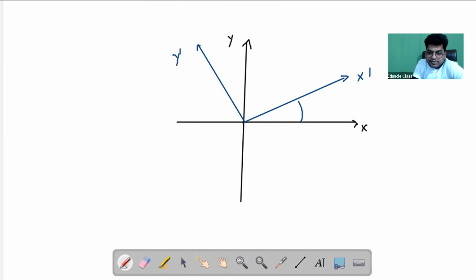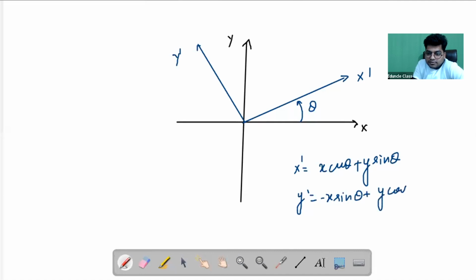If rotating the axis by theta degree, what have you done? The new coordinate is x dash equal to x cos theta plus y sin theta, and y dash equal to minus x sin theta plus y cos theta.